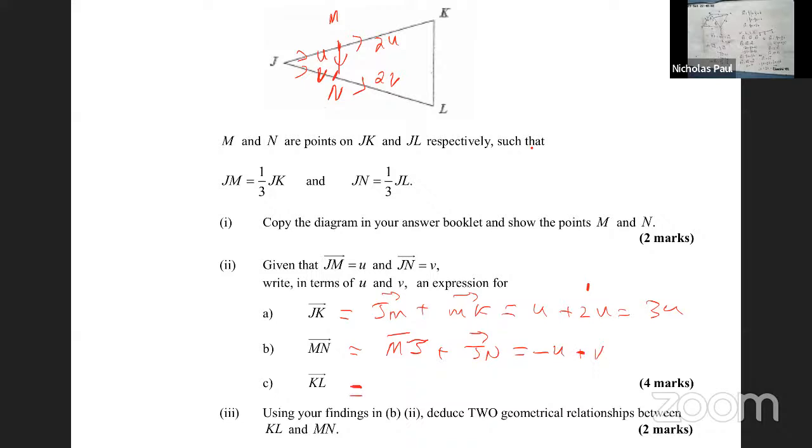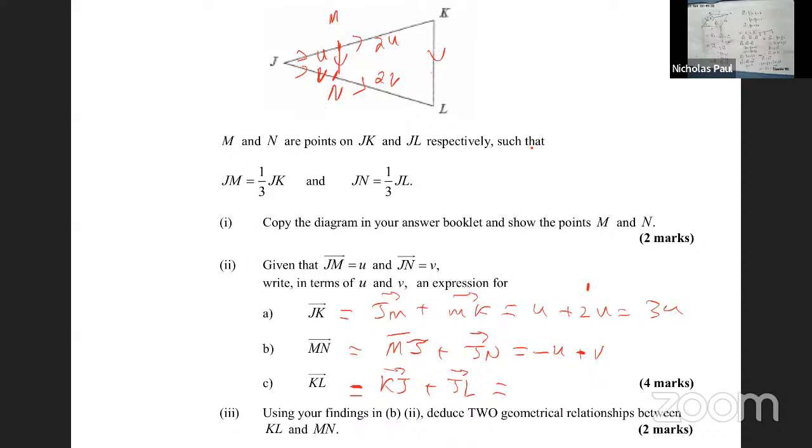KL. What's K to L? KL, so it's a region. What's KL? K to J and then J to L. KJ is what?